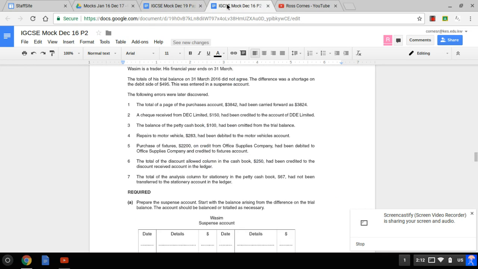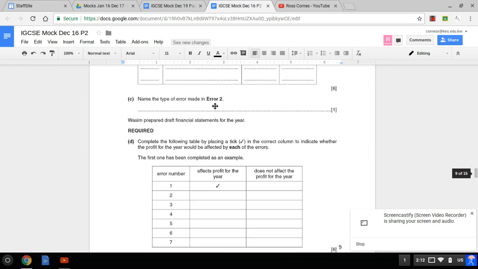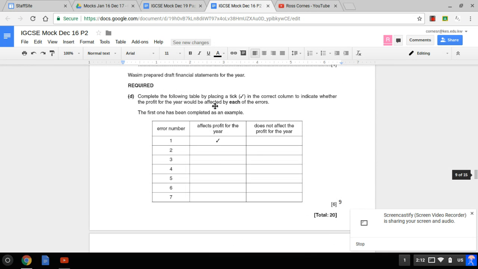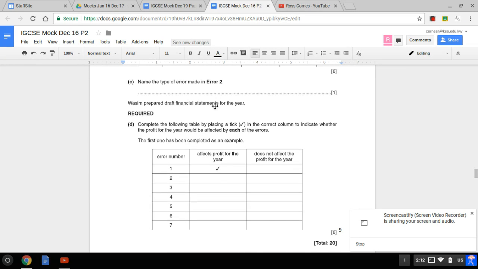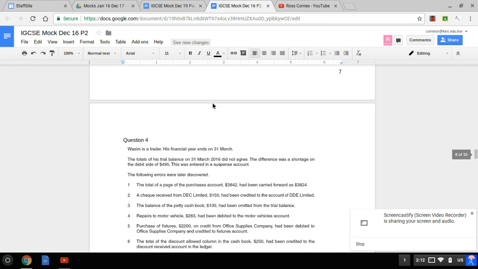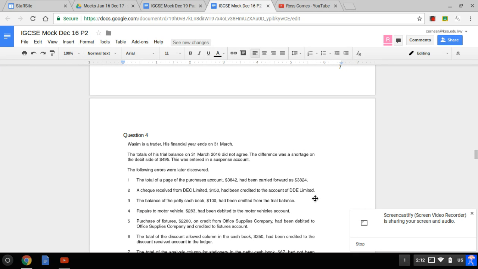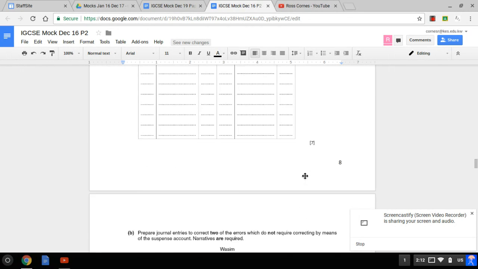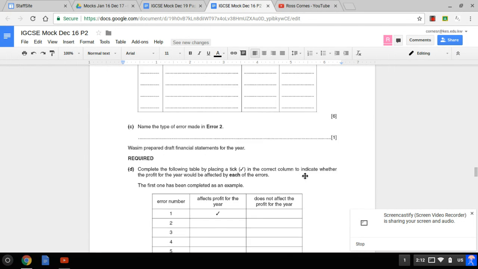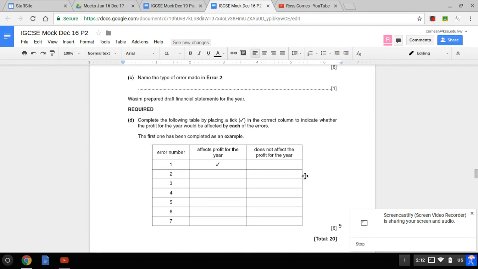And question C was name the error number 2. Number 2 was an error of commission. It's the wrong account, but not the wrong type of account. And then there's a bit of a standalone question about which ones affect profit and which ones don't affect profit.